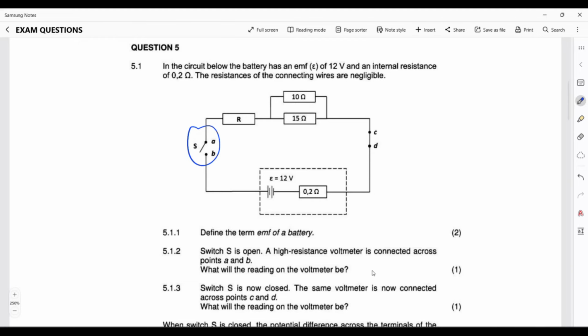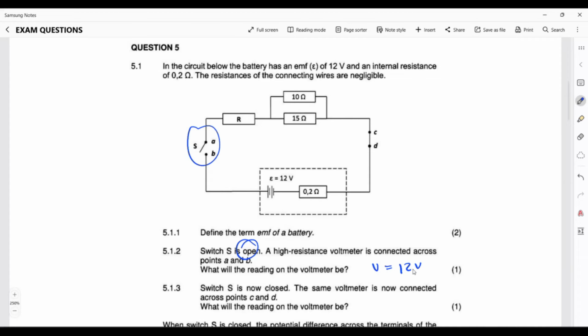Okay, guys, my great people, as long as the switch is open, we read the EMF. We have our switch open, which means the voltmeter that will be connected is going to measure what? The EMF. For as long as the switch is open, we measure what? The EMF. So our voltage reading is going to be 12 volts. I hope I'm clear.